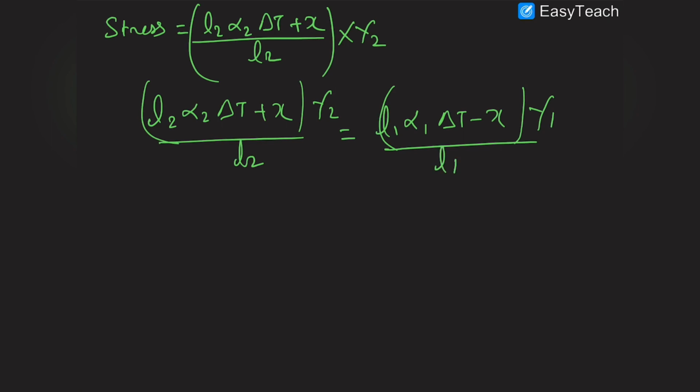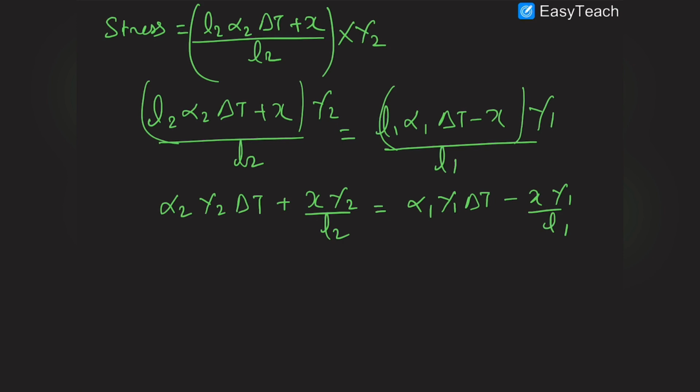So dividing these two, this is α2 γ2 Δt plus x γ2 by L2 is equal to α1 γ1 Δt minus x γ1 by L1.